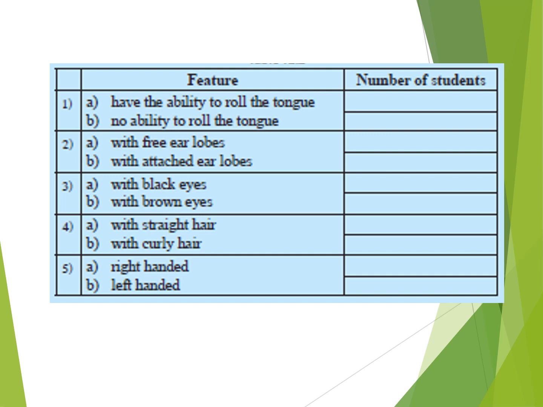Here you can see some features of their differences. Some people have the ability to roll the tongue, but some can't. Some have free earlobes, but some don't. And some have black eyes, some have brown, some have blue.